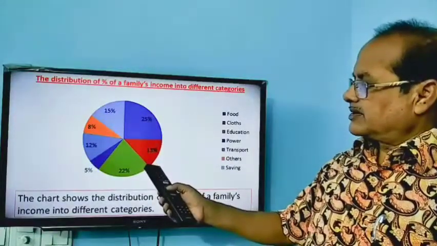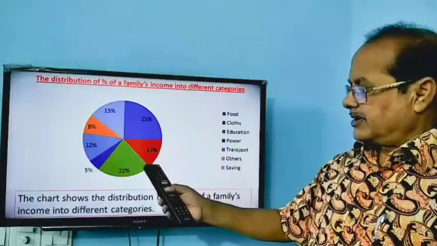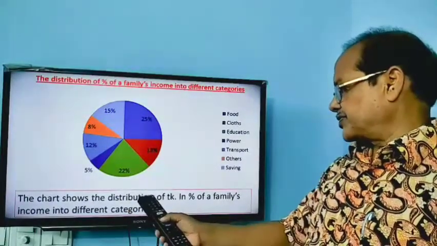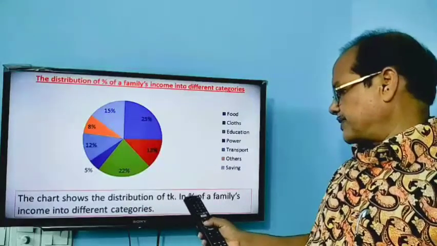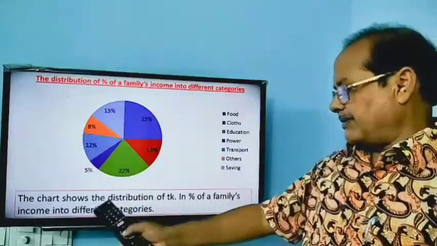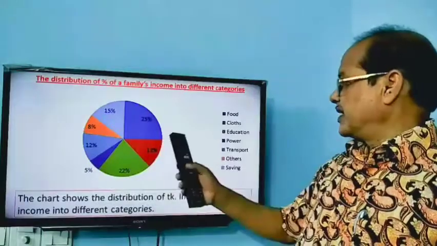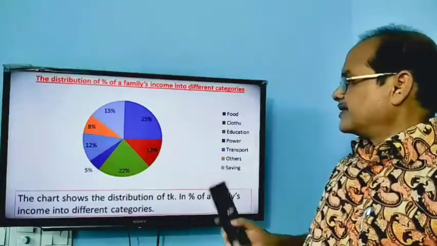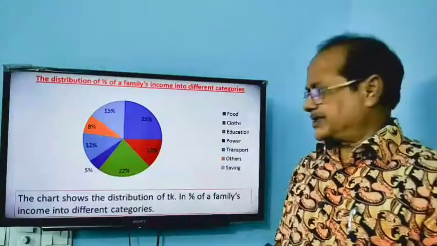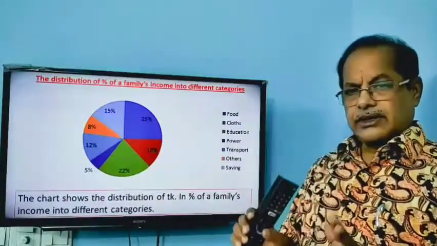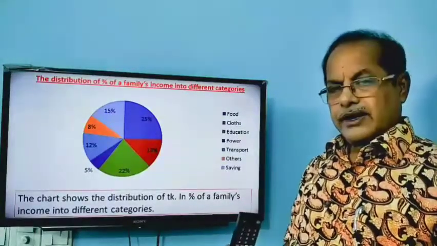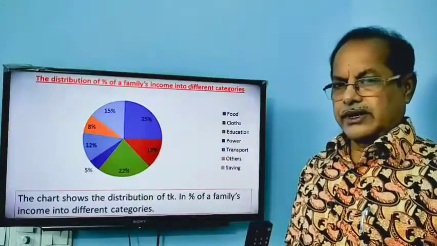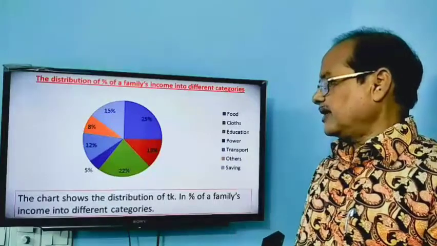We see a pie chart, and according to the pie chart, we see the distribution of money or taka, in percentage, of a family's income into different categories. That is, there are 7 categories of expenditure of a family. Suppose you can start like this. Mr. Malik is a banker. He earns 40,000 taka per month.